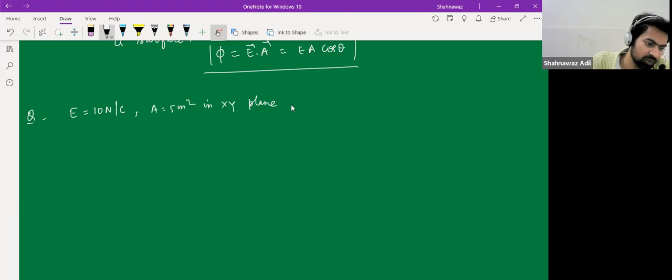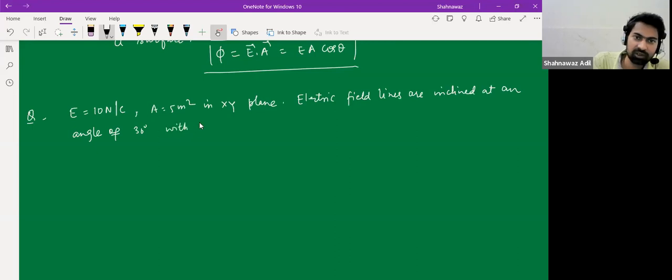The electric field lines are inclined at an angle of 30 degrees with the plane of the area. Then find the electric flux.